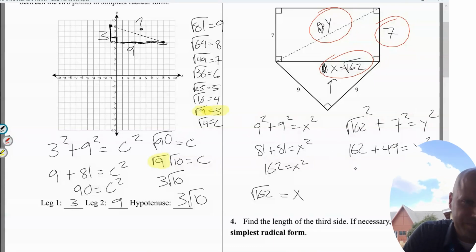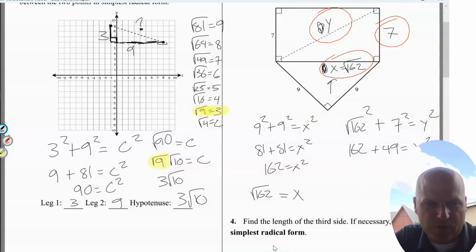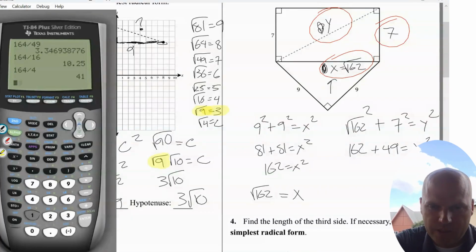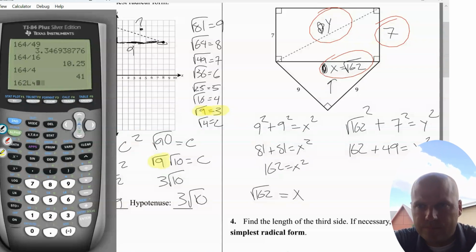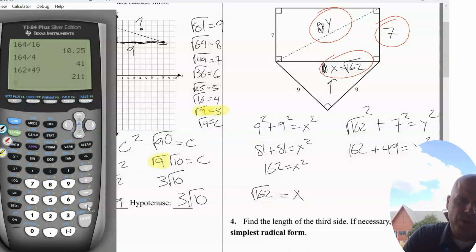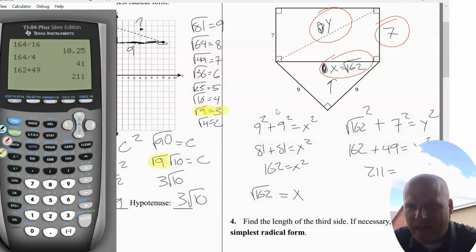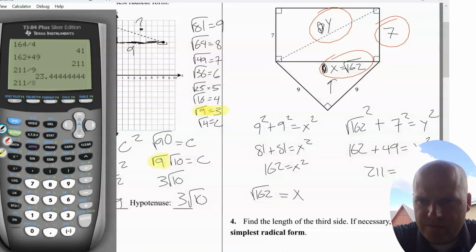This is easier. Now I get 162 plus 49, which is a big number, which I don't like. And I get 211 equals y squared. Now I'm trying to figure out, can I divide like 9 into that? I know I can't divide 4 into it because it's not even.